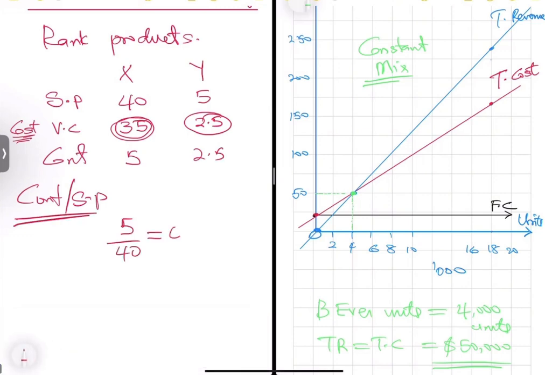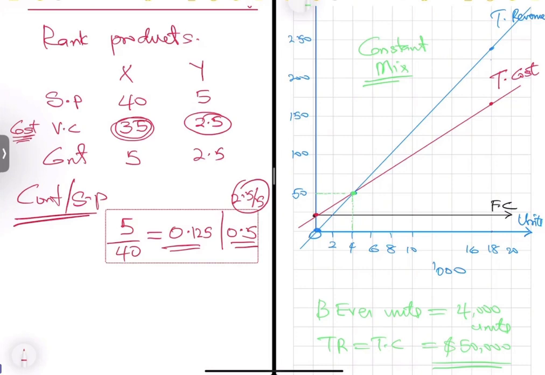It's 0.125 for X, and for Y, that's 0.5. So that's 2.5 over 5, which is 1/2. You can see it's showing clearly that Y is better because it has more contribution for the selling price.